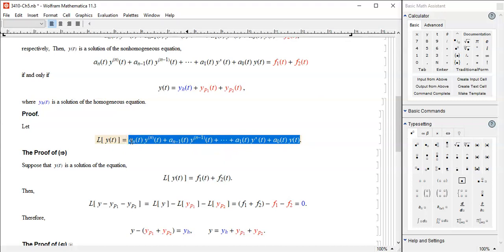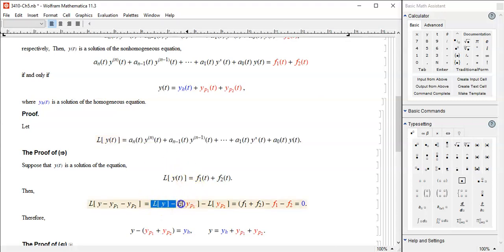Then what do you have? We have nothing more than just a bunch of additions and multiplying by coefficients and taking a derivative any number of times. So you can simply separate all these additions. And what is this? L of y, because this is a solution of this original equation here, this is f1 plus f2. And then yp1, that'll give me f1. yp2, that's going to give me f2.